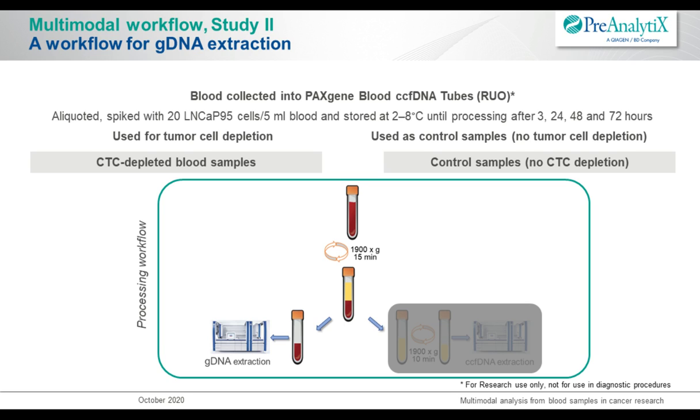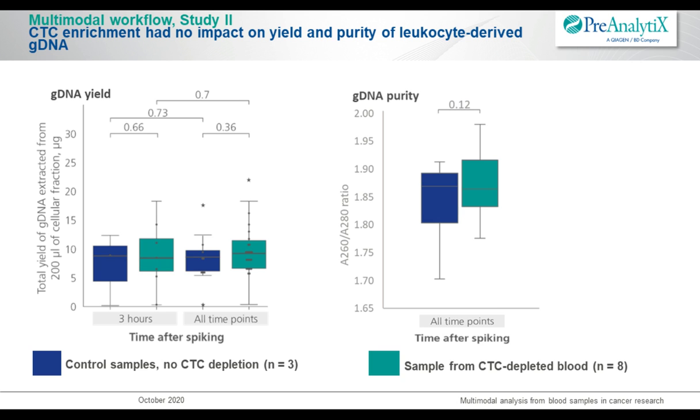And finally, in this last part of this workflow, we also looked into the gDNA, so we isolated gDNA from the remaining cells. Also here you see a similar pattern, samples as control with no CTC depletion, and in green the ones where you depleted the CTCs, and you see that there is no difference with respect to the gDNA yield that you get from these cells, also not with respect to gDNA purity.